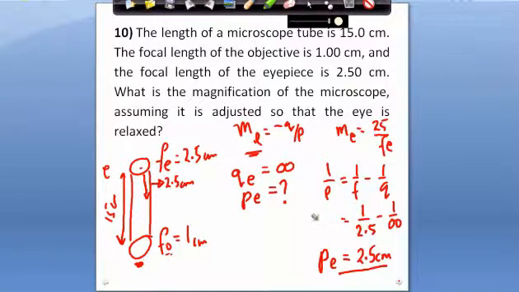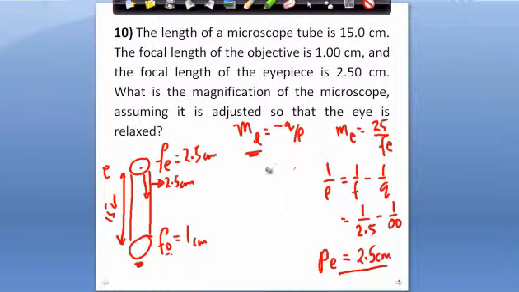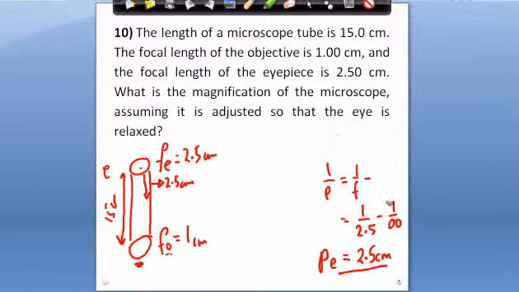Once we find that the object is at 2.5 centimeters from the eyepiece, what we do next is try to find where the object of the objective lens is. To do that, we again use the mirror equation.